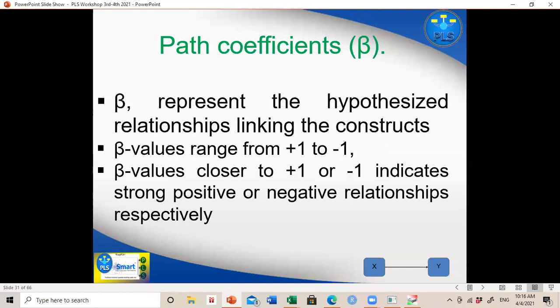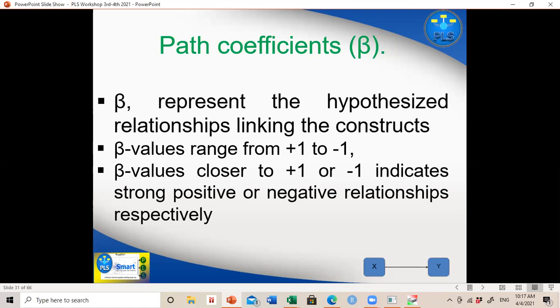It links the constructs. And the beta value should range between 1 and -1. It should not be more than 1, and it should not be more than -1 as well.